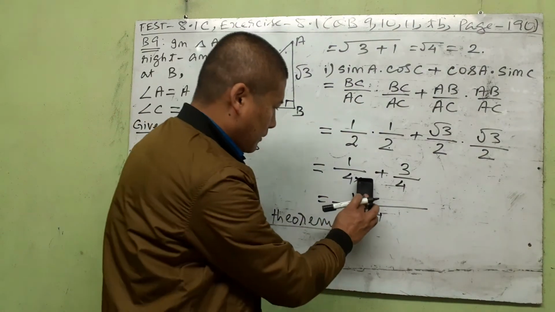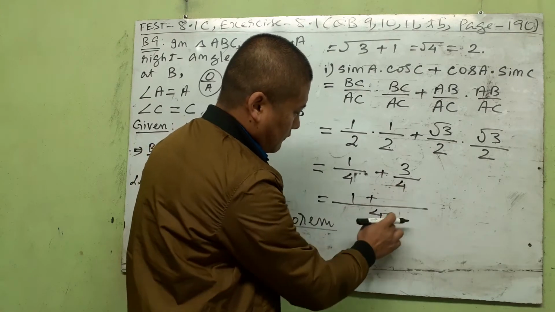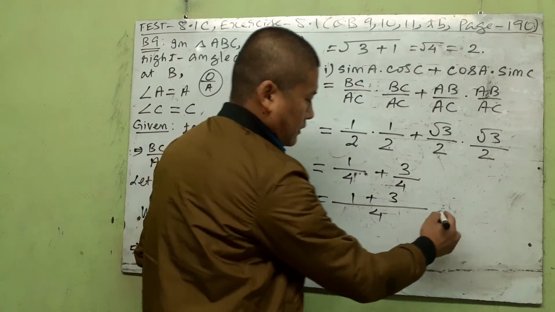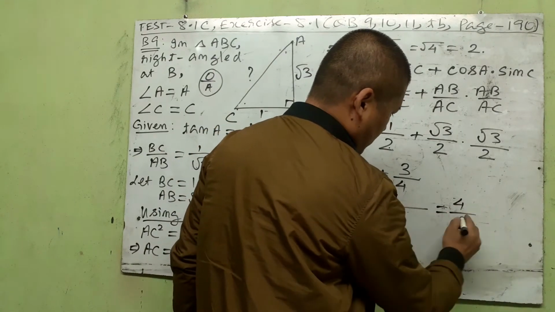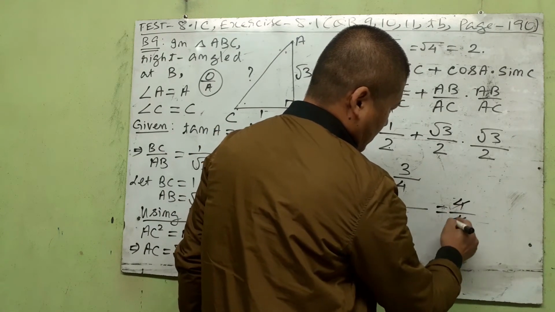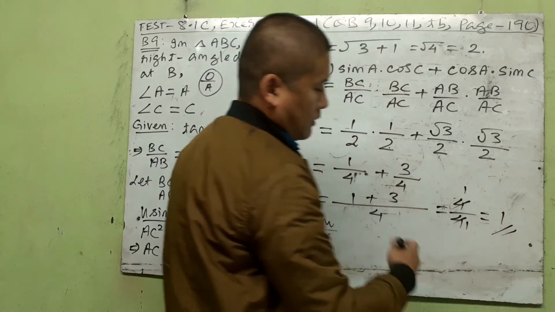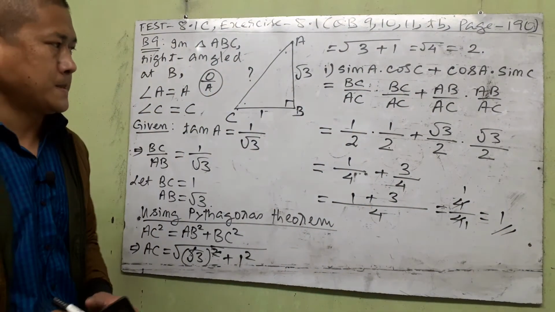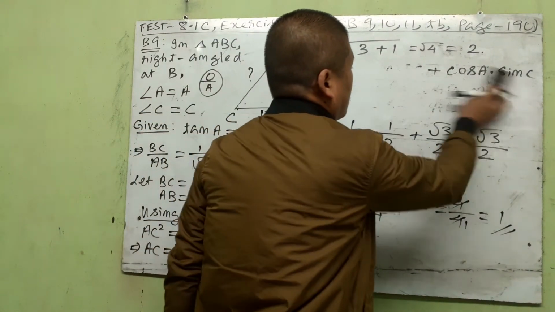No need to write this, okay? I'm writing it to explain it. And once you got that, same thing, 4 1s are 4, so 1 3s are 3. And we know 1 plus 3 is 4, and down here also 4. So 4 1s are 4, 4 1s are 4, so 1 by 1 is 1. 4 divided by 4 is 1. First answer.